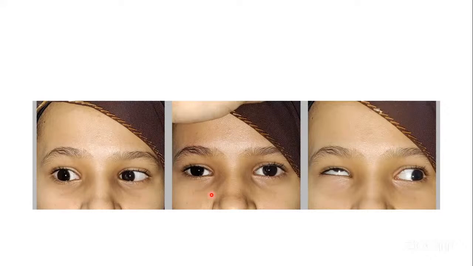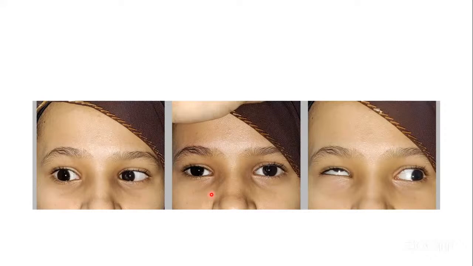Second, if there is any diplopia, or too much narrowing of the palpebral fissure, significant globe retraction, significant upshoot or downshoot, and if there is horizontal deviation in primary position, esotropia or exotropia, that is also an indication for surgery.